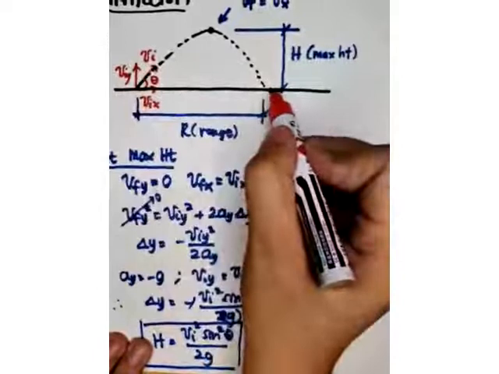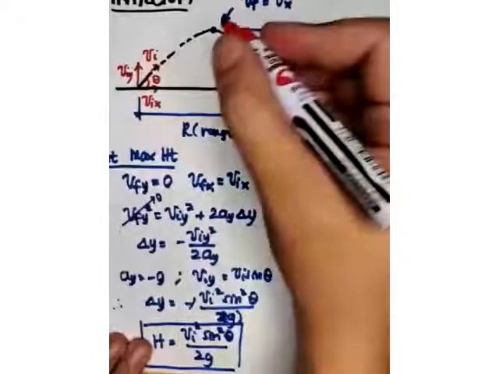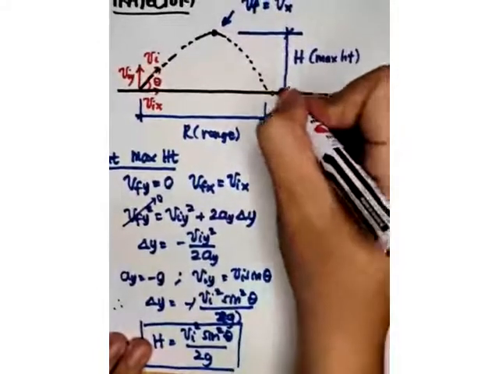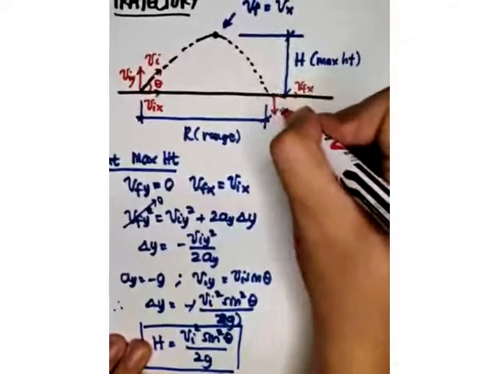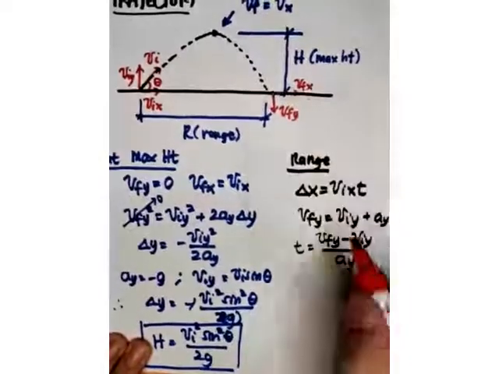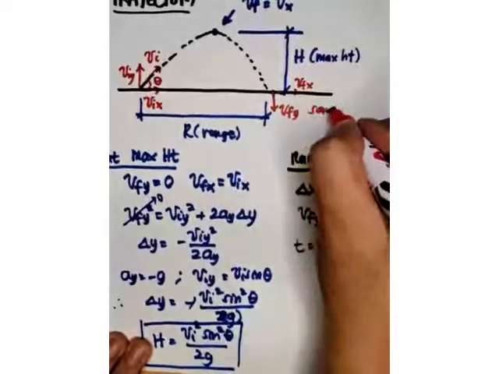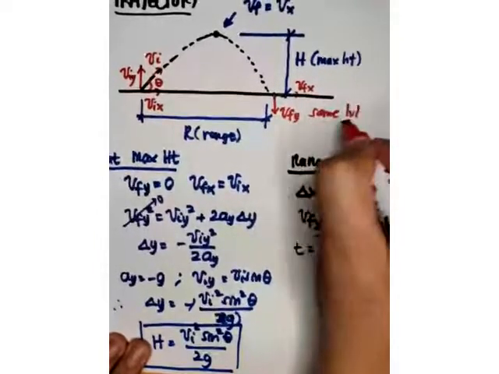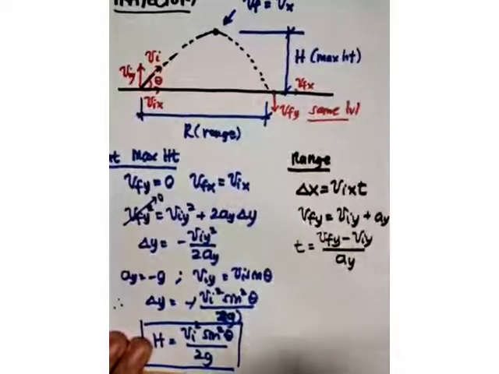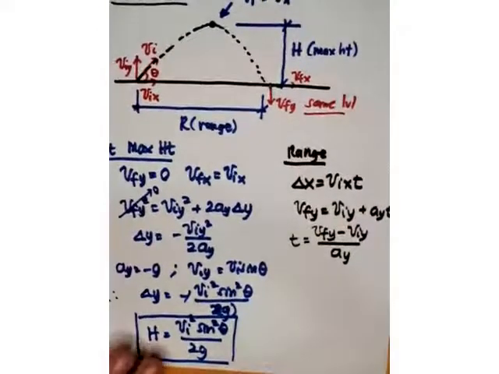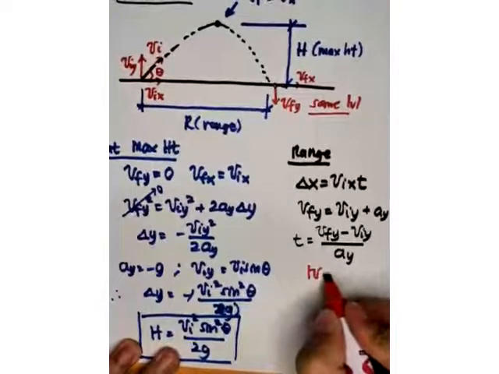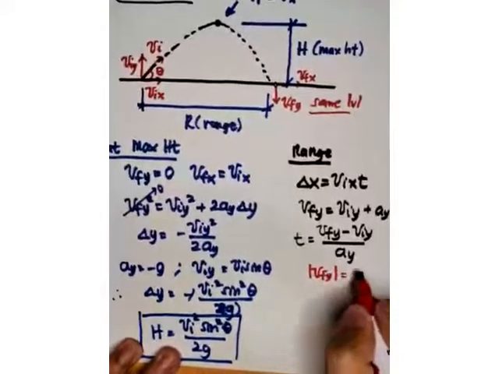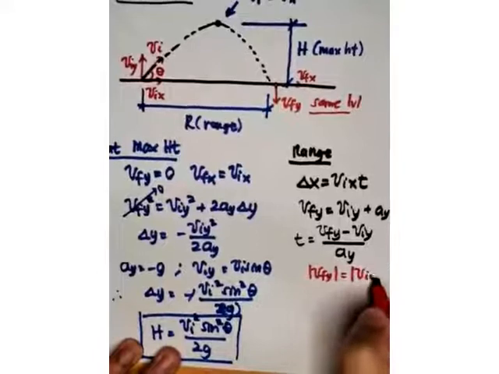Di ba pag y ang pinag-uusapan, kung meron kang v final x dito at saka v final y dito at magka-same level sila, same level ng initial, so therefore, di ba sabi natin, discuss natin siya sa free-falling body, na yung magnitude ng v final y ay equal siya sa magnitude ng v initial y.